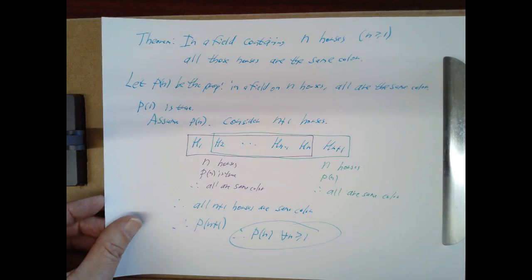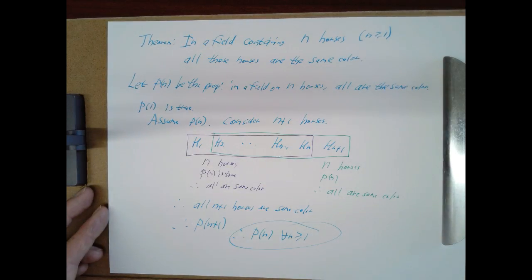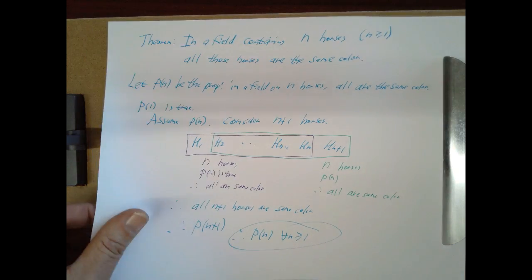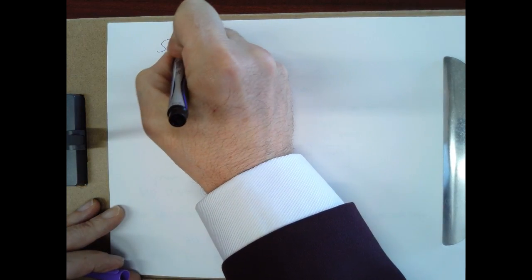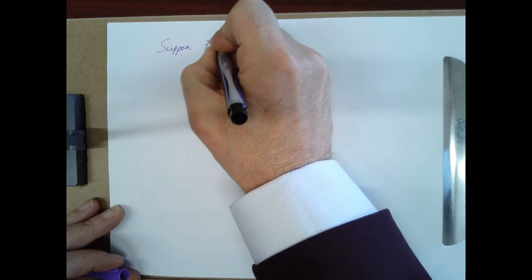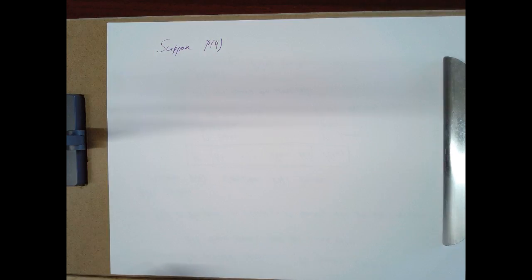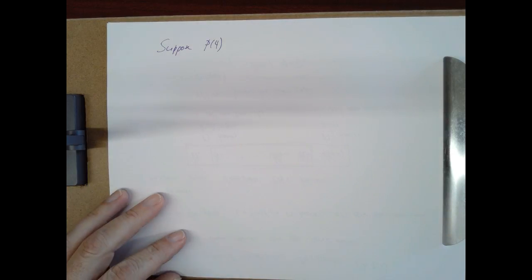When you have a problem like this, start looking at specifics, right? We know that this should not be true in general, so let's take a particular example and see if we can break it down. So if we suppose P of 4 is true, that would mean any 4 horses are the same color, right?